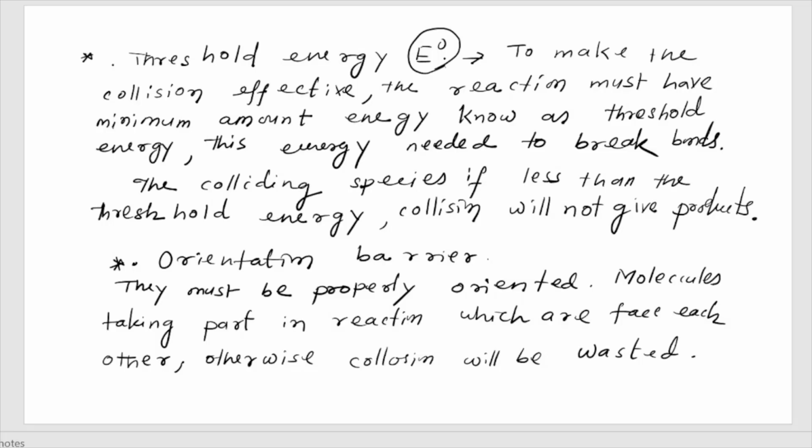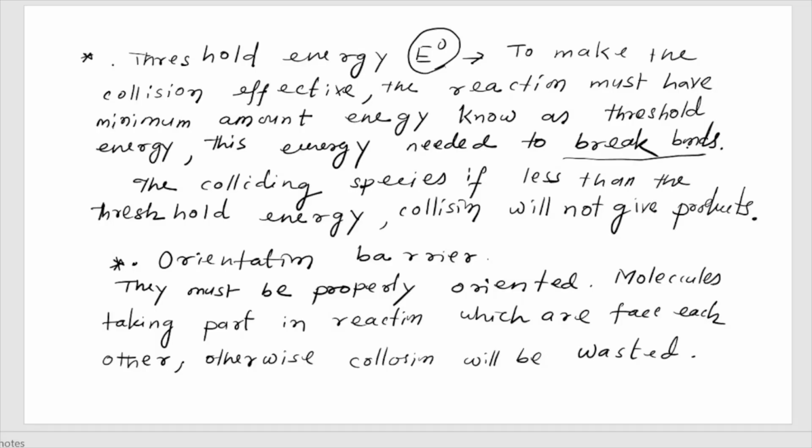So to make a collision effective, that means to give product, the minimum energy required is called threshold energy. This energy is necessary to break the bonds. If you want to break the bonds between the molecules, you should supply threshold energy.